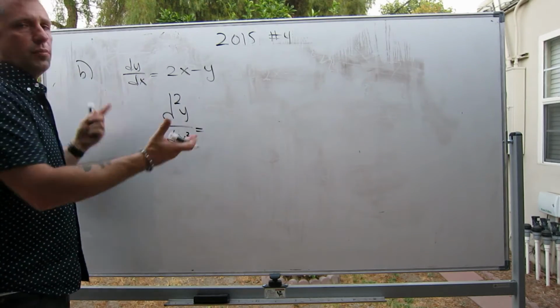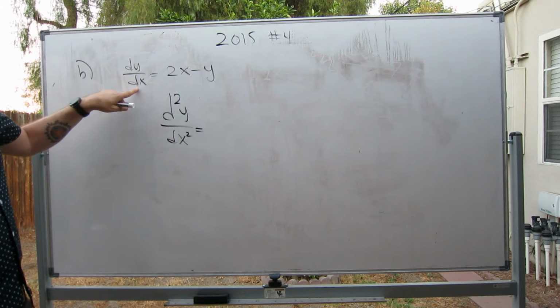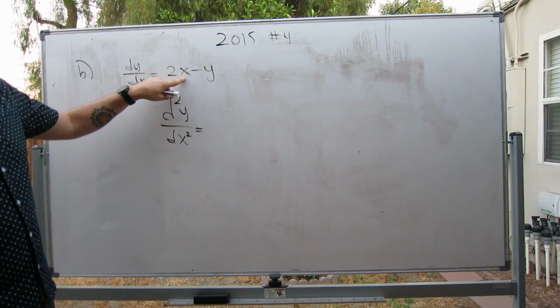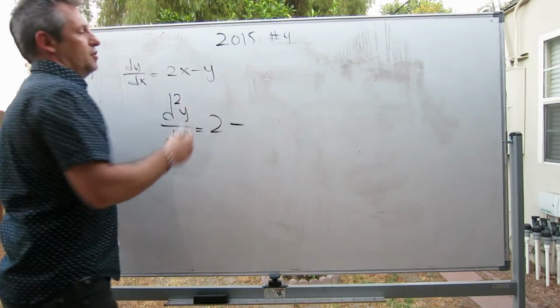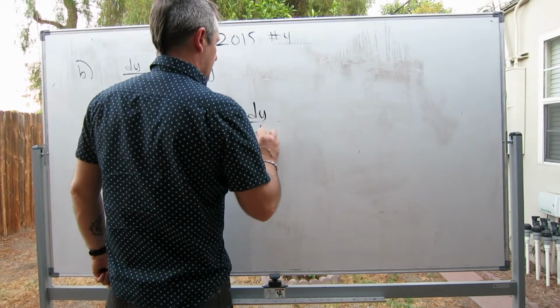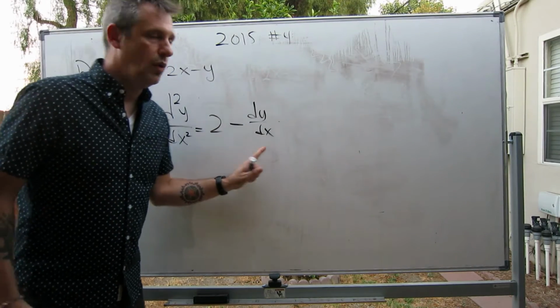So here we go, we're going to use implicit differentiation to take the derivative with respect to x. The derivative of the left-hand side is literally this. The derivative of the right-hand side is the derivative with respect to x of 2x, which is 2, minus the derivative with respect to x of y. Well, I don't know what y is, so we just say dy/dx. And even though I don't know what y is, I do happen to know what dy/dx is.